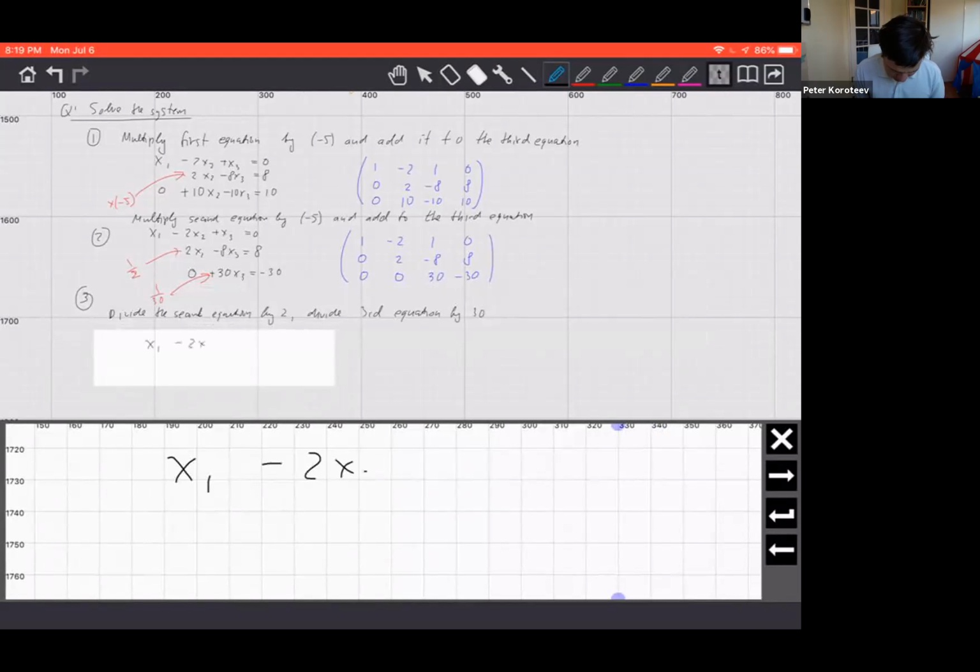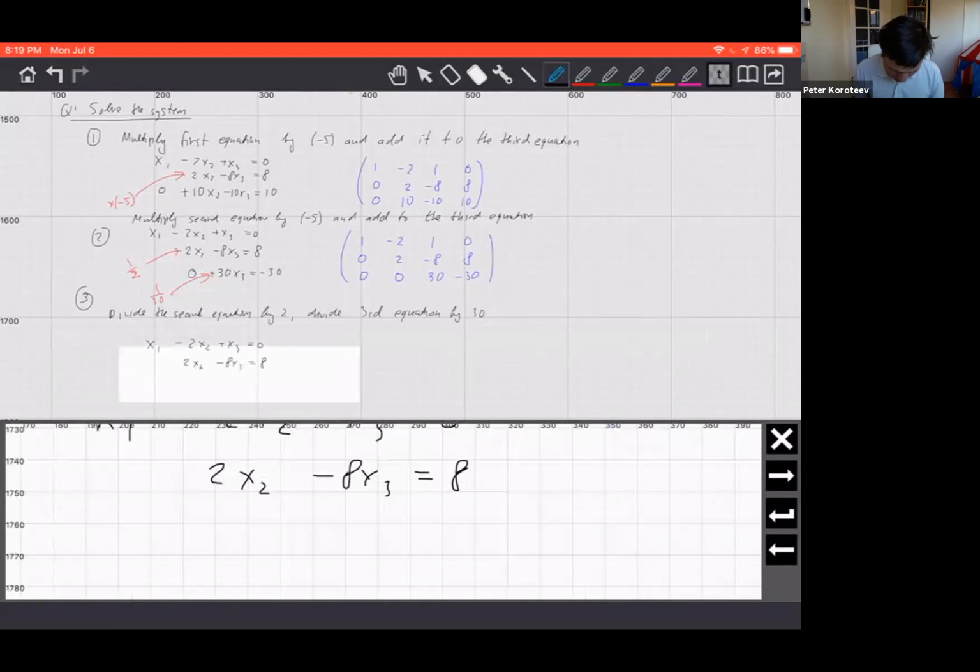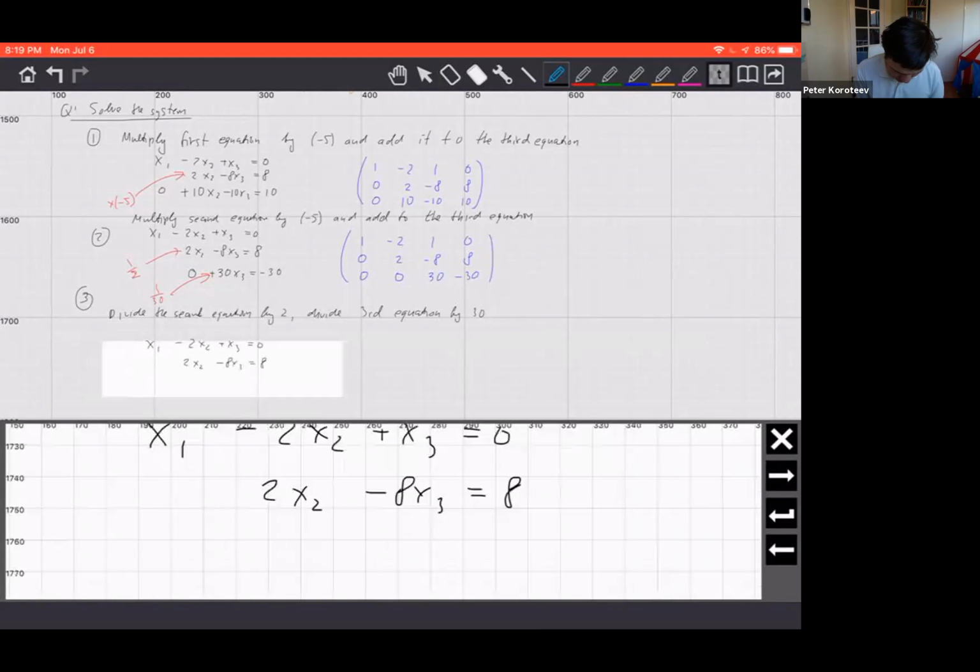So that gives us x1 minus 2x2 plus x3 equals 0. And then 2x2 minus 8x3 is equal to 8. And here we get, oh, sorry, I forgot to divide. And here we get x2 minus 4x3 is equal to 4.